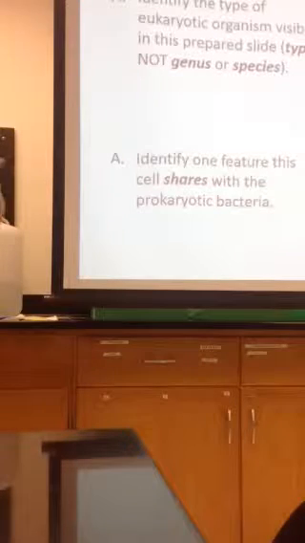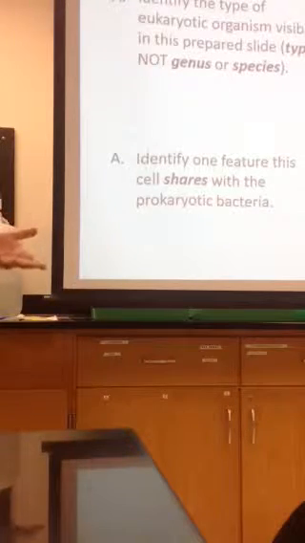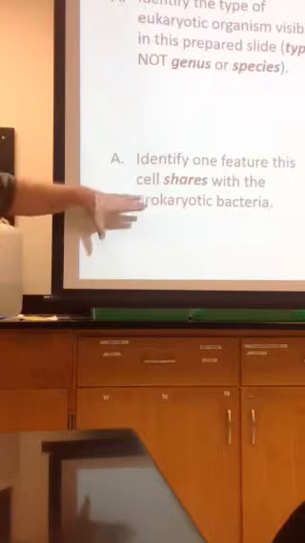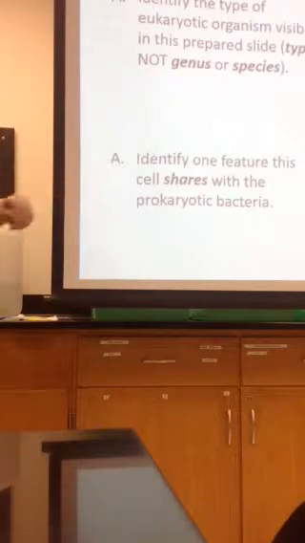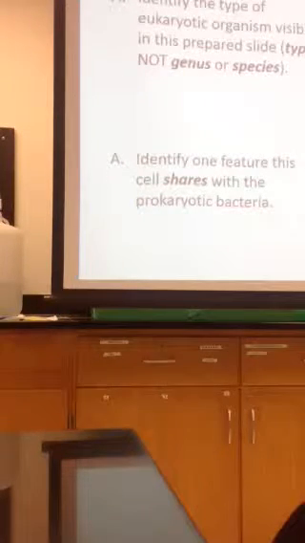You could say they both have respiration. There's tons of things you could give me. I'll take any of them. It just has to be true. That question is generally just asking what things bacteria have in common with eukaryotes. Anything that we can come up with is true.